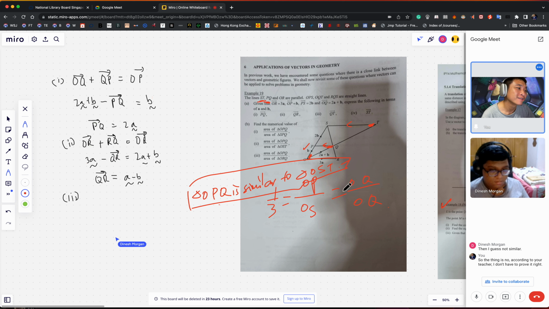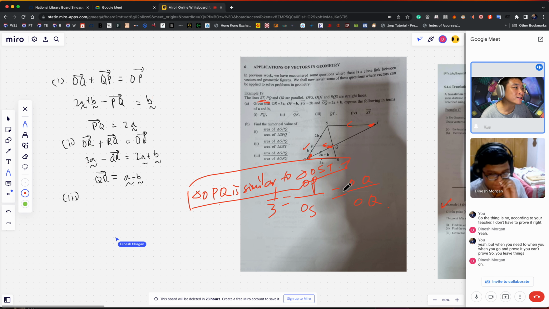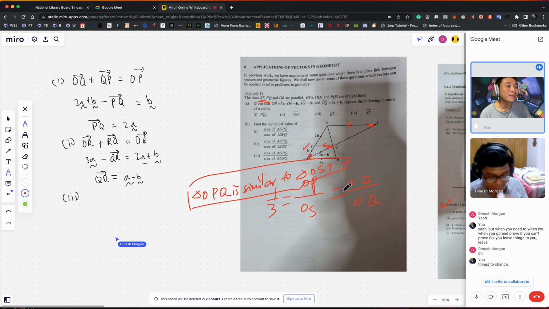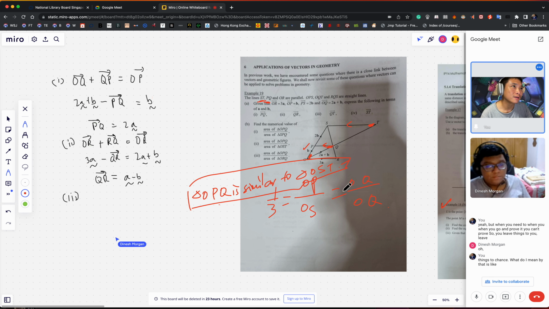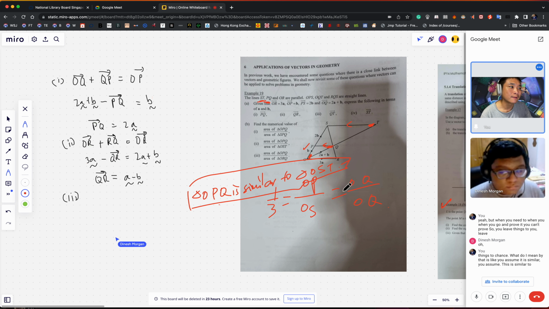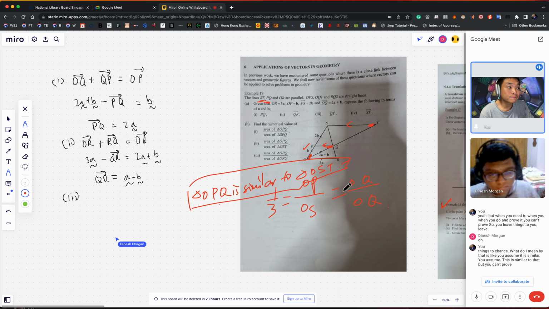But when you go and prove it, you can't. So you leave things to chance. You assume this is similar to that, but you can't prove it, so it depends on your luck.